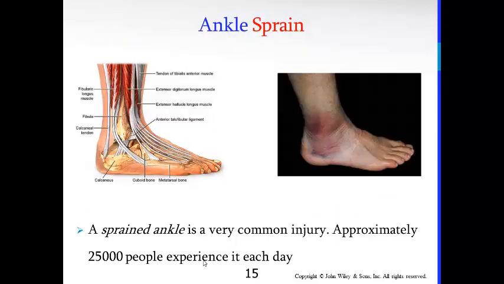Now, an ankle sprain is one of the most common sprain injuries, and a lot of people experience it every day. So walk carefully. There are always some bumps and dimples on the road, so be very careful when you walk.